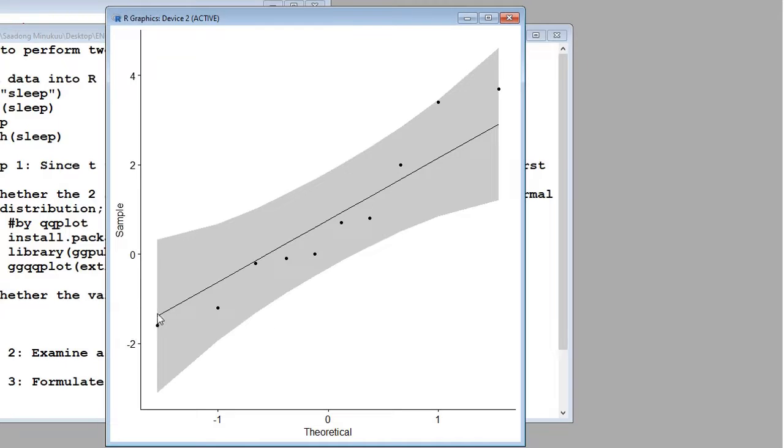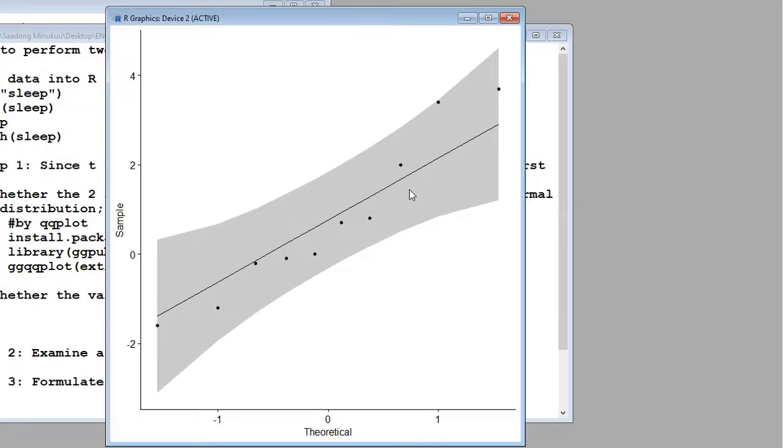Now we have this diagonal line drawn here, and when we look at the sample points, we will realize that the sample points are bouncing randomly along the line. So we haven't seen any kind of deviation; you see that they are randomly distributed along the line.